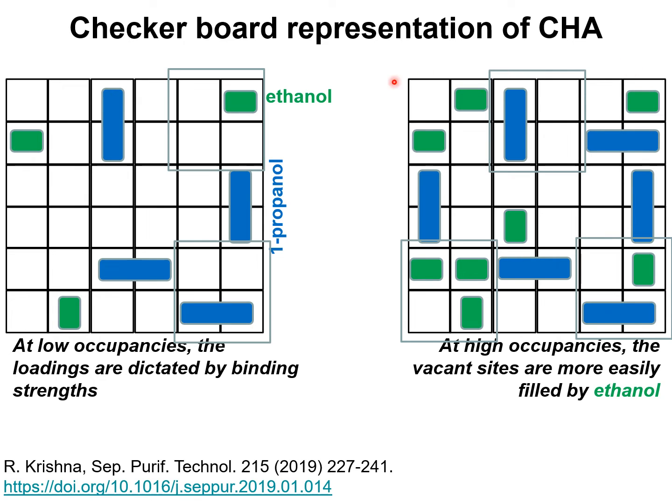So the message that emerges from this simple representation here is that it is easier to fill vacant sites by ethanol at high pore occupancies, because 1-propanol requires 2 adjacent sites to be vacant, whereas ethanol does not have that constraint.